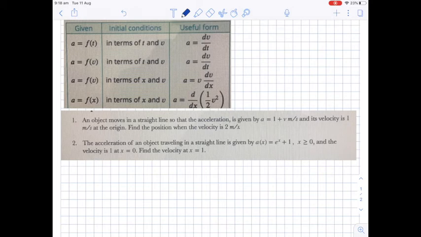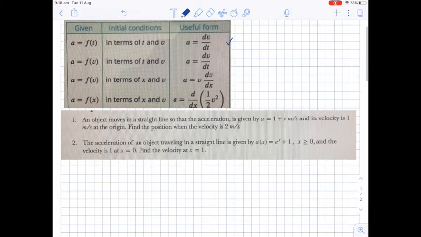Okay, in this video we're going to look at a couple of different ways of using the acceleration rate of change. In the examples we've done so far, we have anti-differentiated with respect to the dependent variable, and we've also anti-differentiated with respect to t, which are the first two options in the table above.